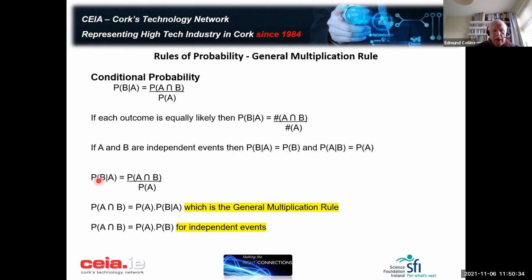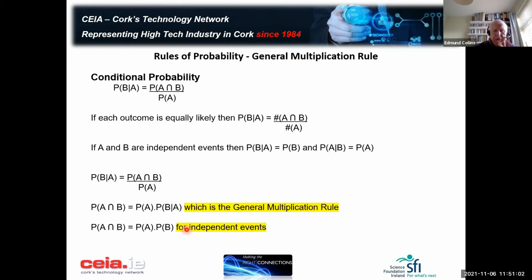So just repeating this here, the general multiplication rule is just multiplying across here by the probability of A, to get the probability of A and B equals the probability of A multiplied by the probability of B, which is dependent on A. That's the general multiplication rule.